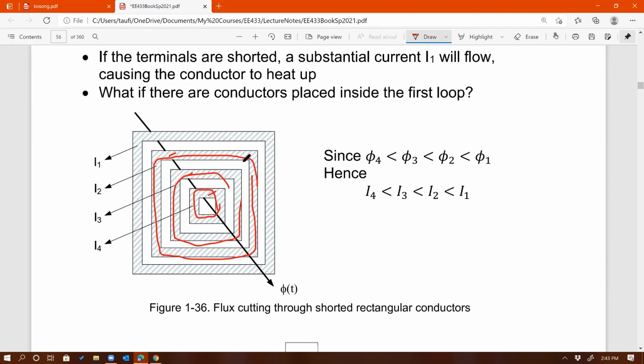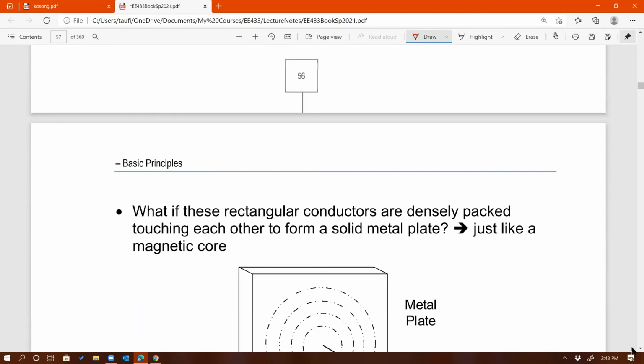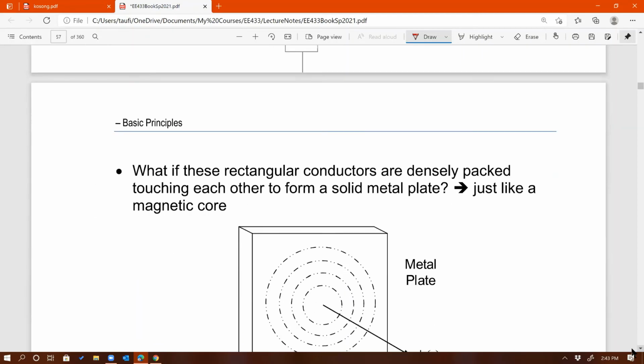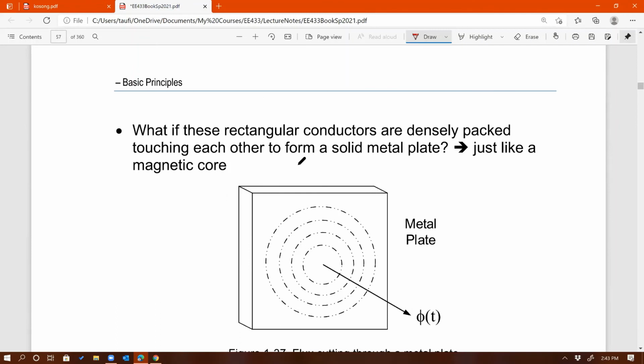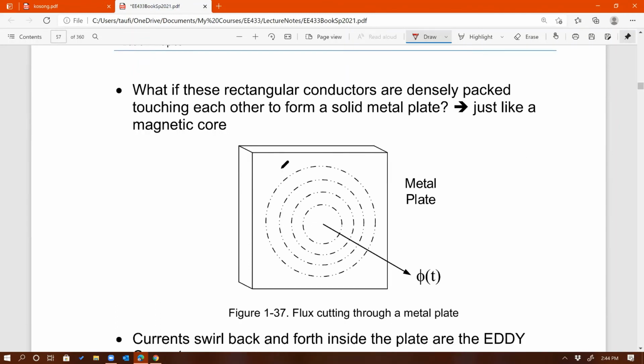And this becomes even worse if these rectangular conductors are densely packed, touching each other to form a solid metal plate. Imagine if I put more and more in between those frames, now it becomes like a solid frame right there. This is basically our magnetic core, made of a solid structure like this.